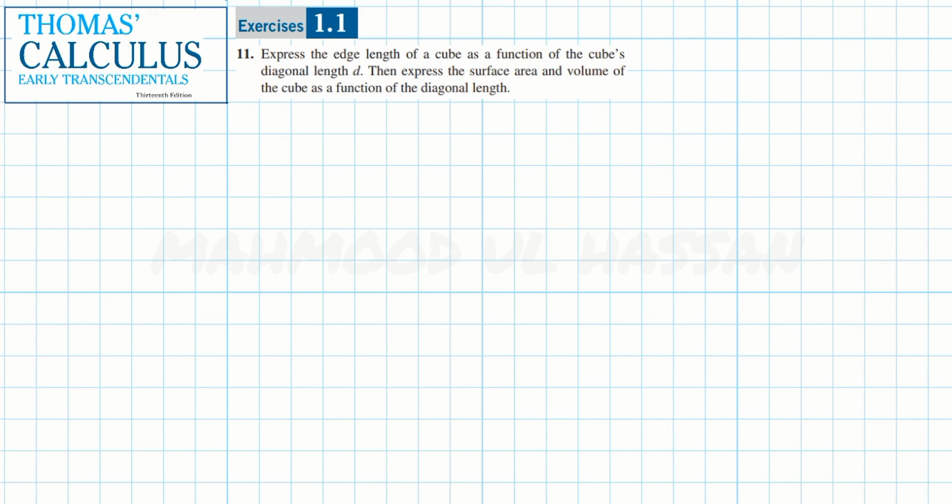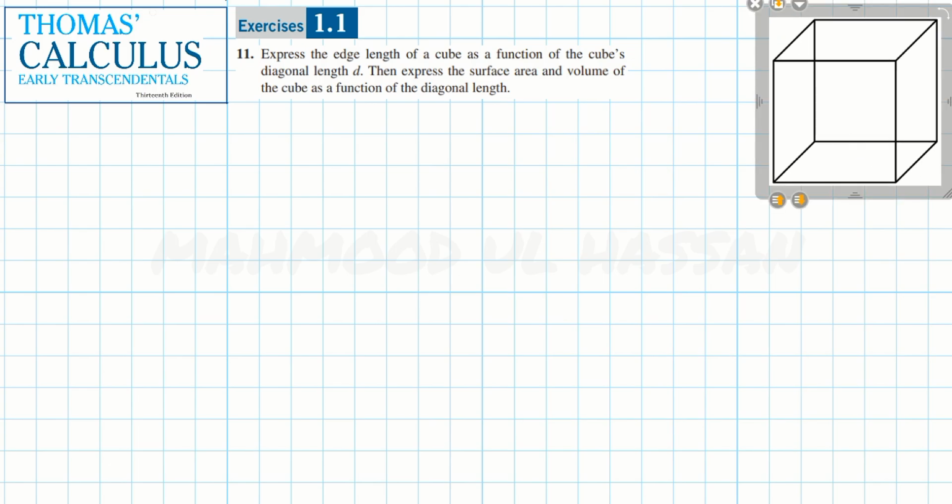So let's say we have a cube and we know that a cube has 6 square faces and 12 edges. So let the length of each edge be s. The length of this edge is s, the length of this edge is s, and similarly the length of this edge is also s, because these are the length, width and height of the cube.